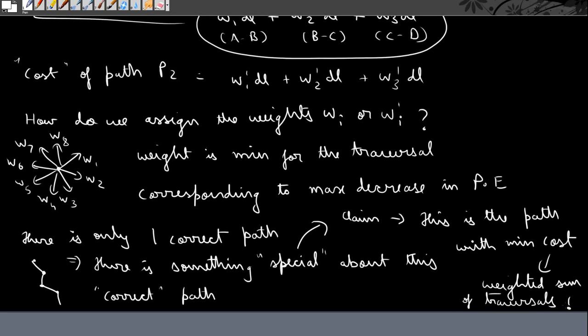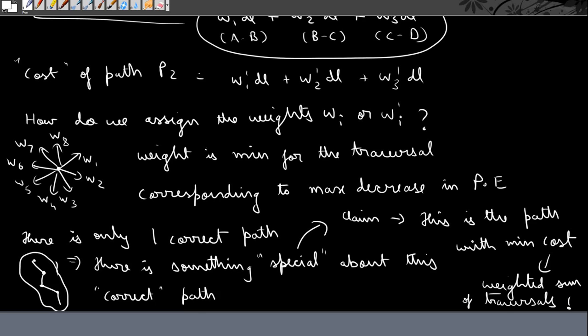Okay, and this intuitively makes sense because for this quote unquote correct path, it always chooses the minimum possible weights for each traversal, and thereby it should logically have the minimum cost.